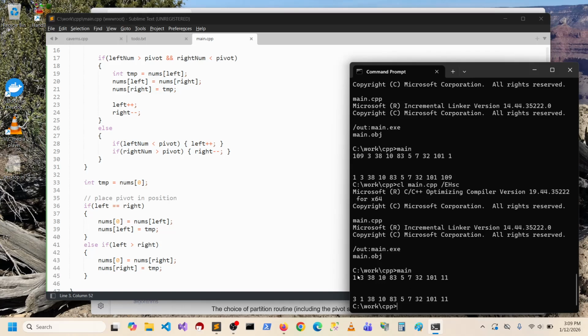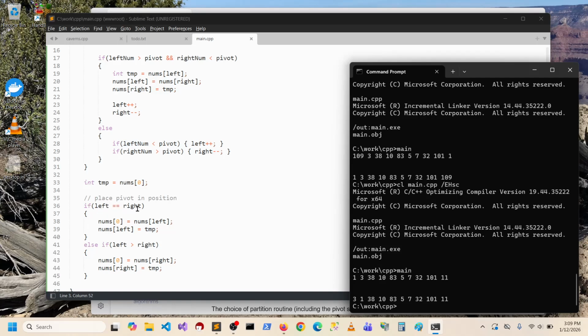Oh, wait a minute. Left got stuck right here. Because left is looking for things that are greater than the pivot, and right is looking for things less. So right goes bloop, all the way over here. They meet on 3. That's what's happening here. So they're both equal. Nothing swapped. Temp is 1.